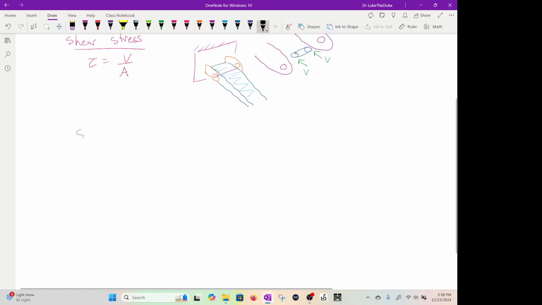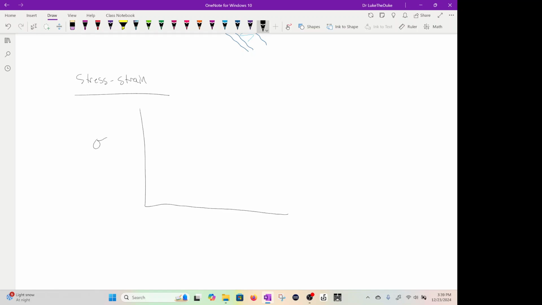Let's look at the stress strain curve. So here is sigma, and then epsilon, and then what you have is the elastic region. Then you got yielding.